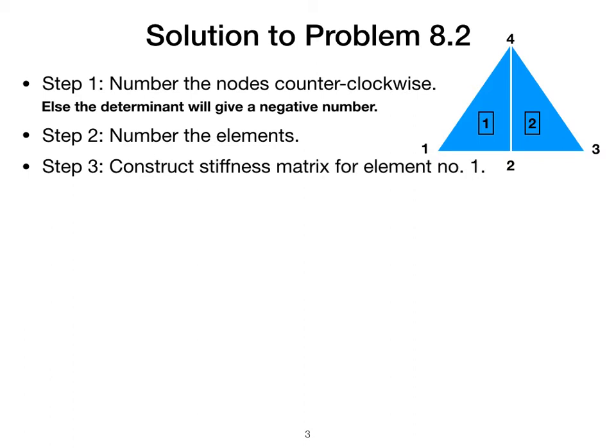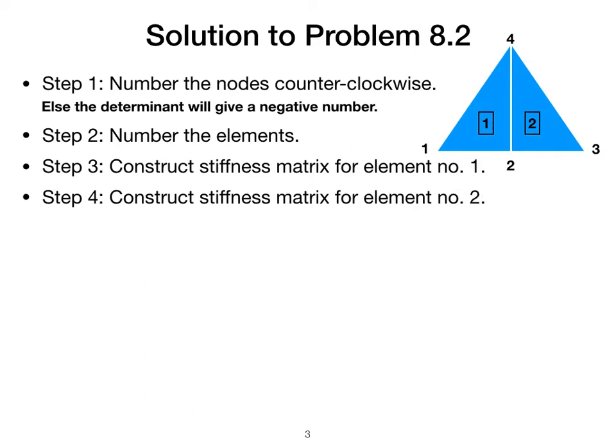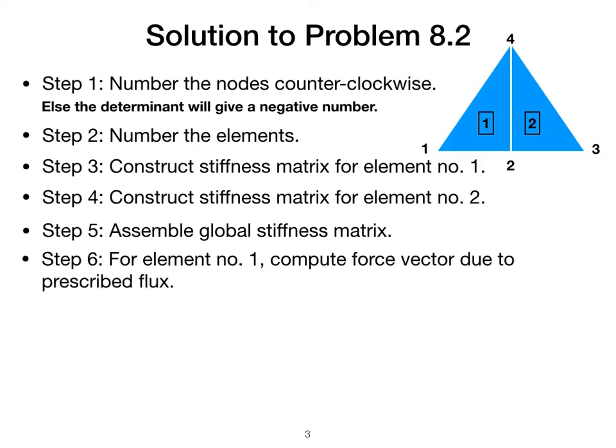Step 3. Construct stiffness matrix for element number 1. Step 4. Construct a stiffness matrix for element number 2. Step 5. Assemble global stiffness matrix. Step 6. For element number 1, compute force vector due to prescribed flux.